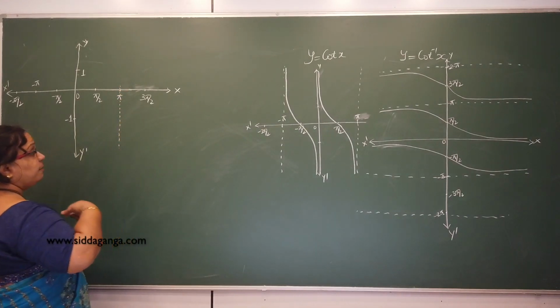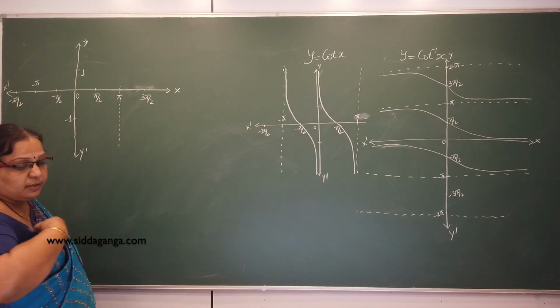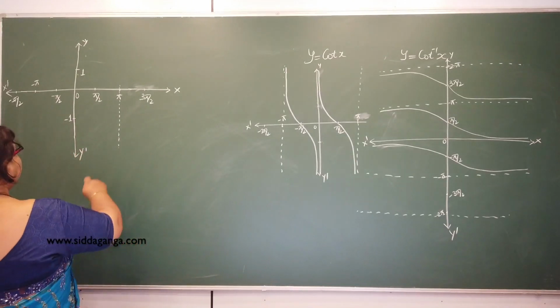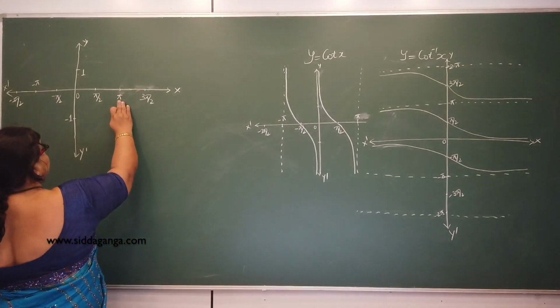Secant x means 1/cos x. So here we have to draw the dotted line for pi by 2, not for pi.